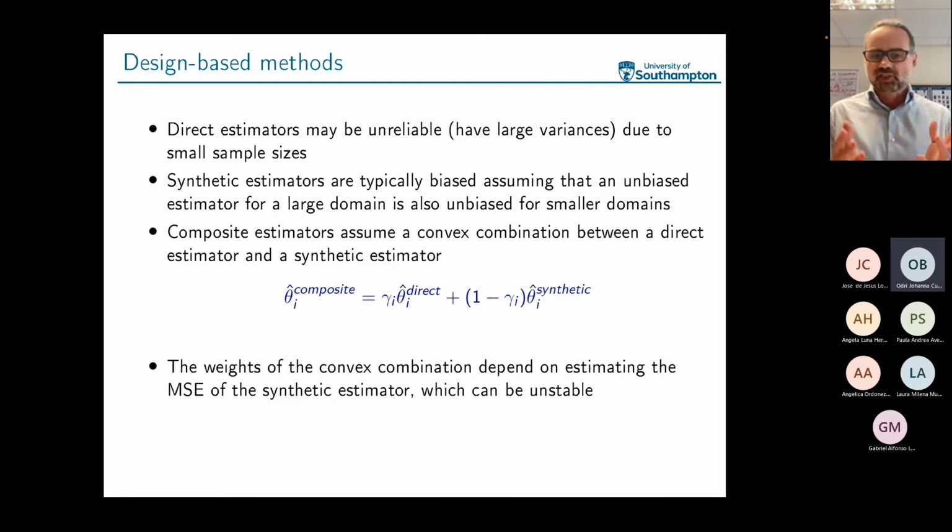Angela described the notation; mine is slightly different, but we still use i for indicating a domain, and theta for the target parameter of interest. The weights of that combination will depend on some kind of mean squared error estimator of the synthetic or the variance of the direct. But as Angela explained again, estimating the weights can be quite a difficult task.